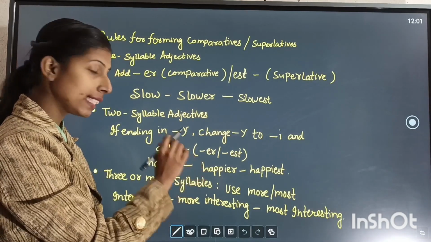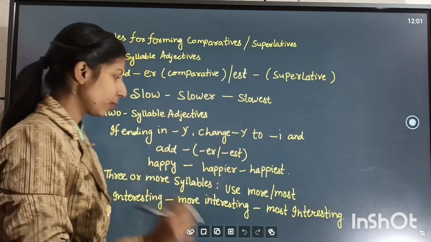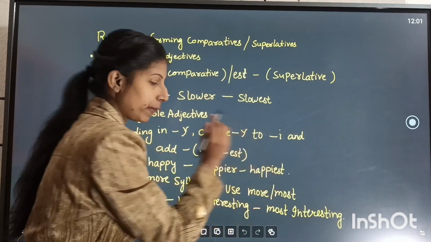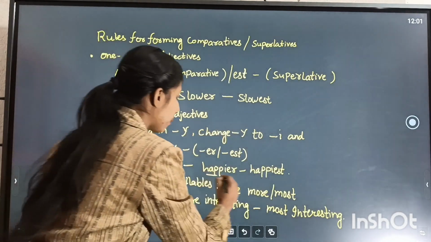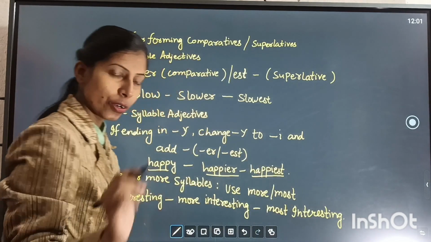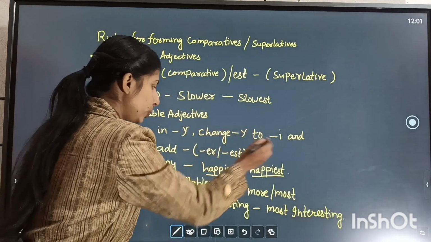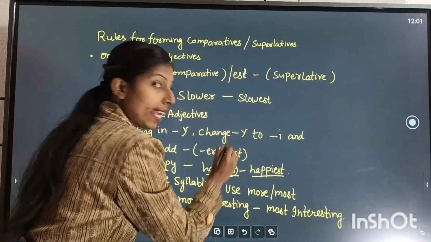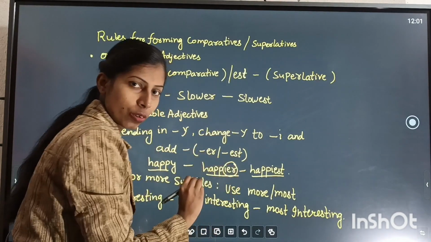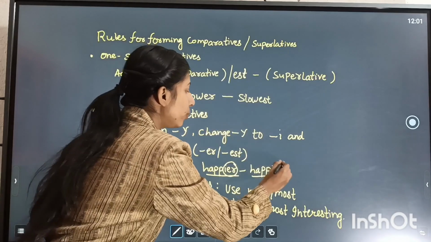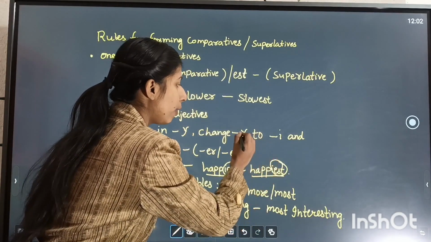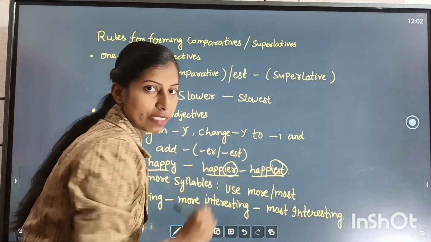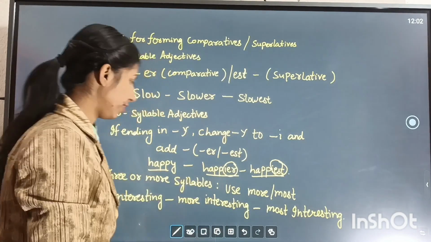For example, happy, happier, and happiest. See here, the y changes into i, and we add er. And when the y changes into i and we add est, it makes the superlative degree.